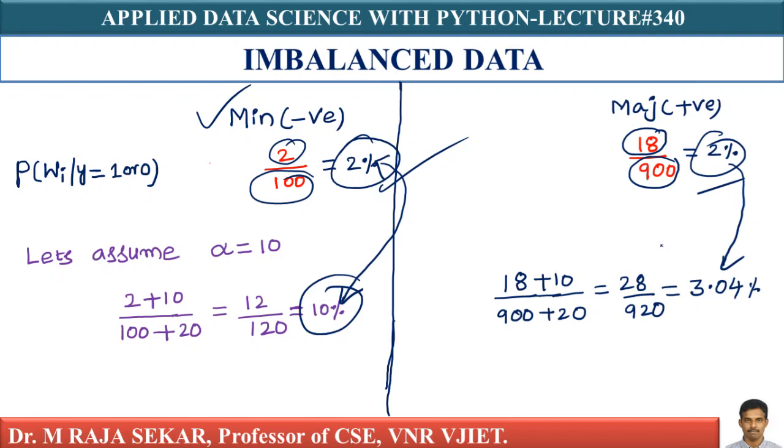Because of this problem, if you apply Laplace smoothing, the same value of alpha changes your ratios differently: the majority class gets impacted less, the minority class gets impacted more. The workaround for that is upsampling or downsampling, or creating different alphas for Laplace smoothing. Creating different alphas is not scientific, but upsampling and downsampling is scientific.